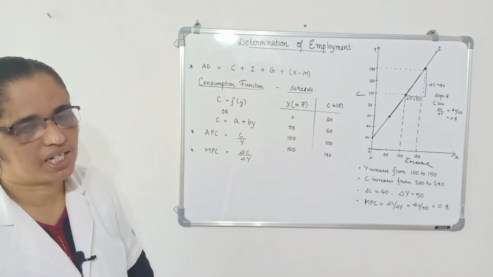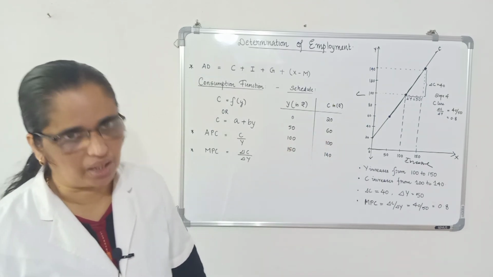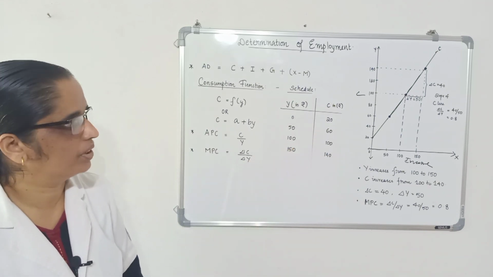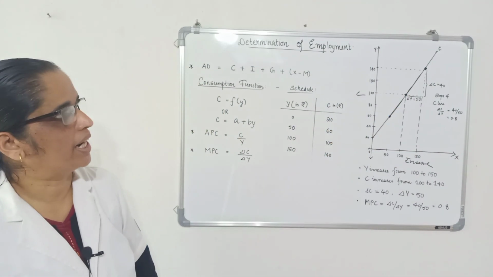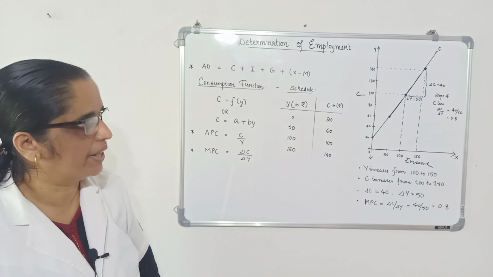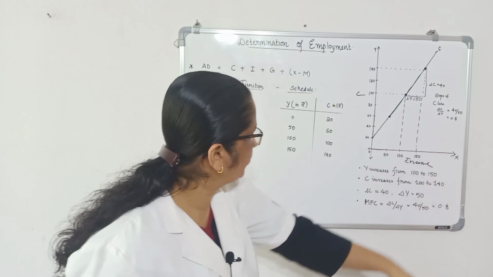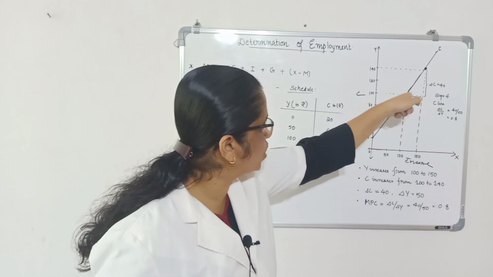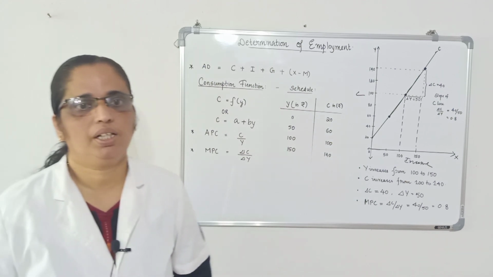The value of MPC is positive but less than 1 because consumption lags behind income. The rate of change in consumption is less than the rate of change in income. When we plot in a graph, we get a consumption curve starting from the positive range, an upward sloping CC line. The slope of the CC line we can show through MPC, that is delta C by delta Y, the vertical and horizontal distance. Okay. Thank you.